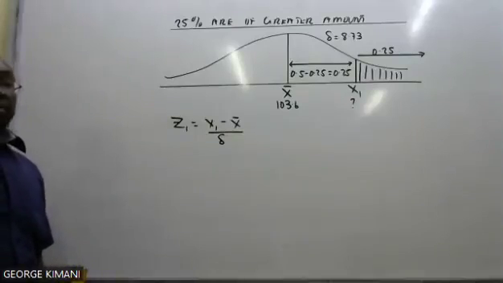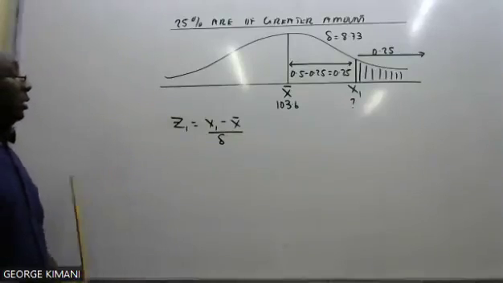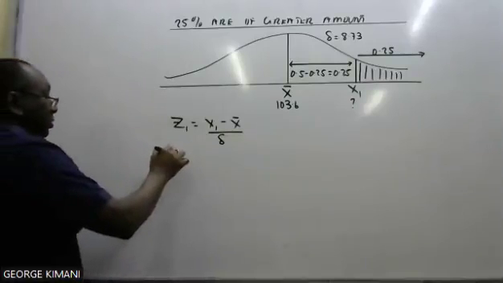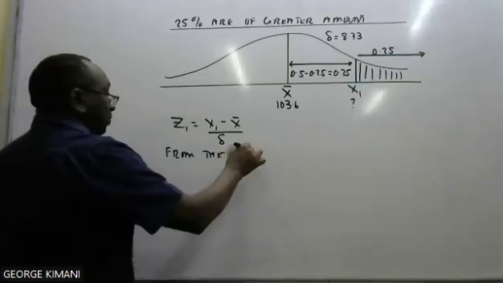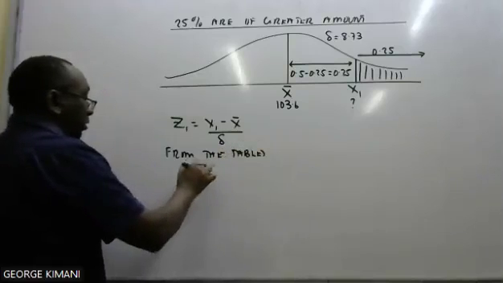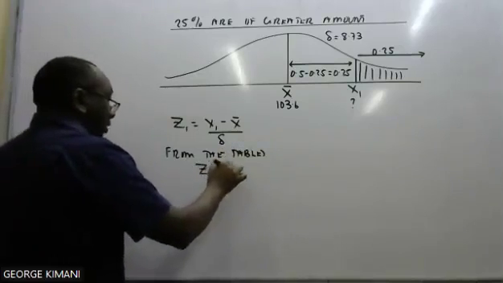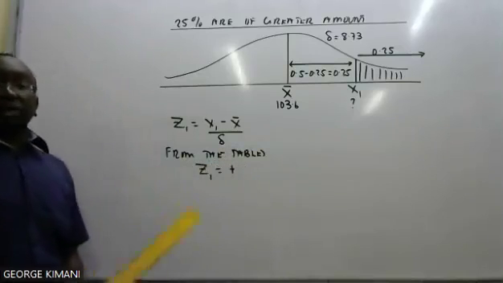Is that not the formula we use? So from the tables, Z1 will be positive. Now, read.